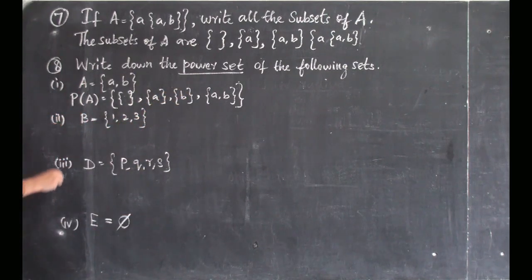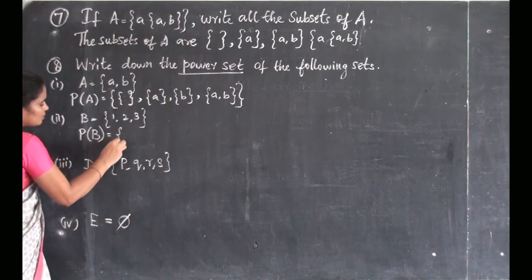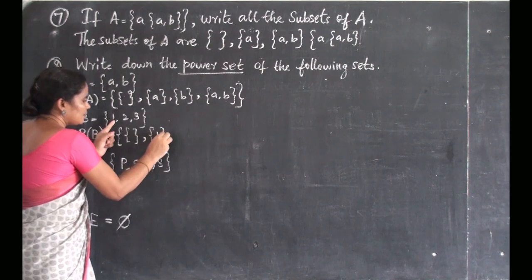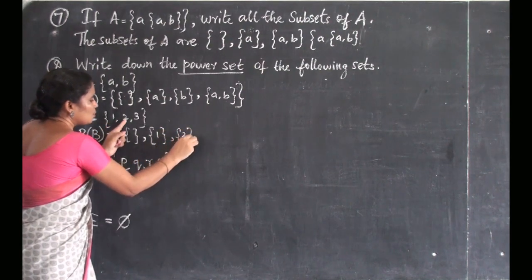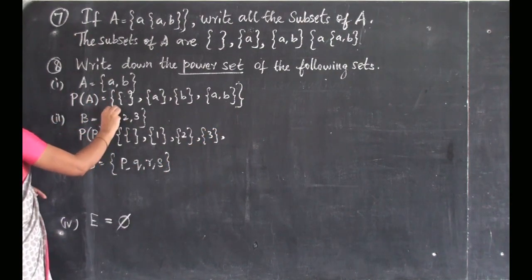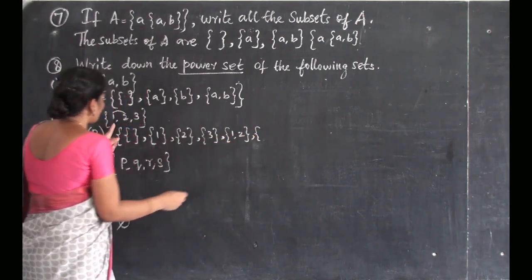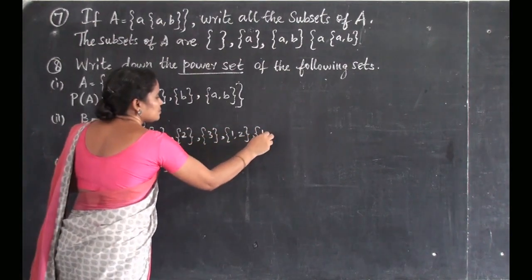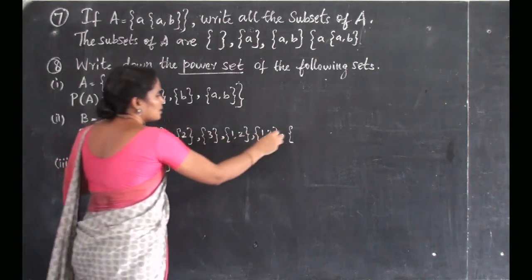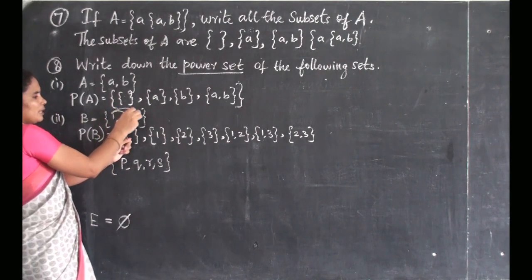And question number 2. B is equal to {1, 2, 3}. So the power set of B is equal to the null set, then {1}, second element {2}, third element {3}, then {1, 2}, {1, 3}, {2, 3}, then {1, 2, 3}.